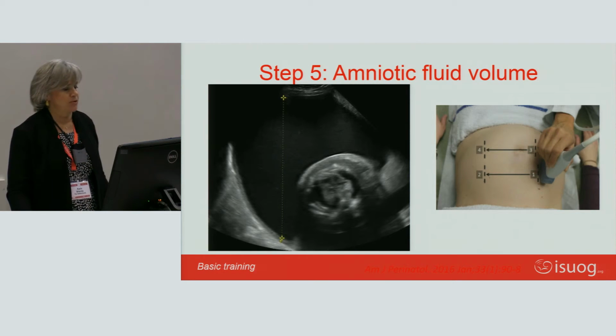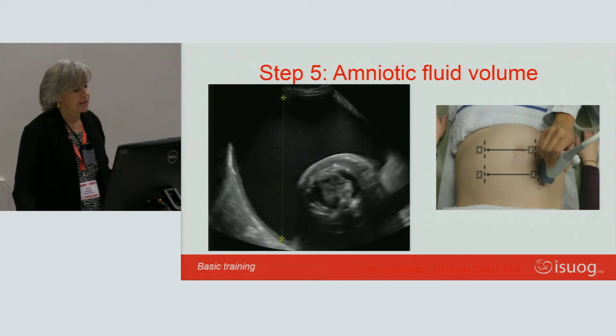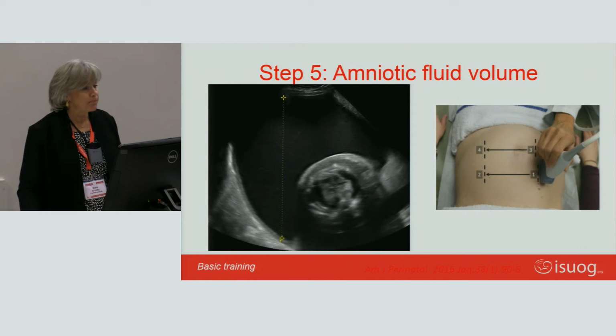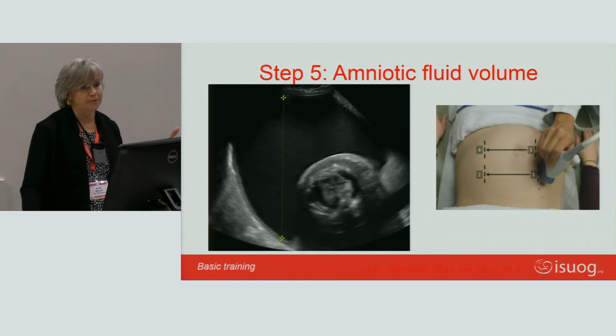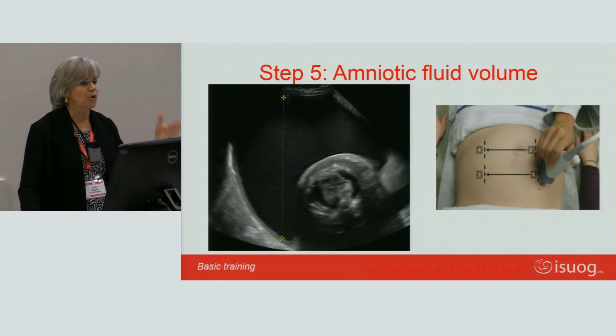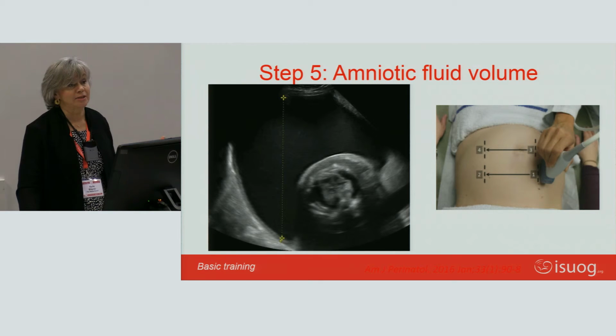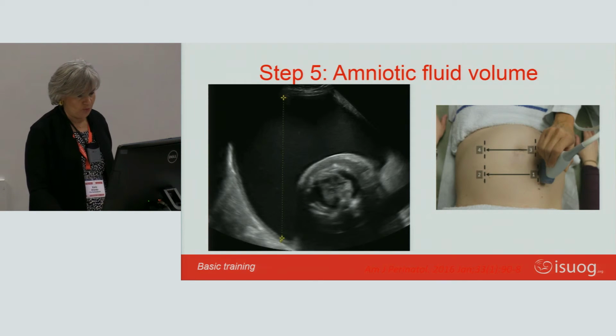We will see this afternoon in detail how to measure the amniotic fluid either in a semi-quantitative way with the amniotic fluid index or only by measuring the deepest pocket. But anyway, by doing this, you will see where is the deepest pocket, and you can judge on the volume of the amniotic fluid, whether this is normal or not.